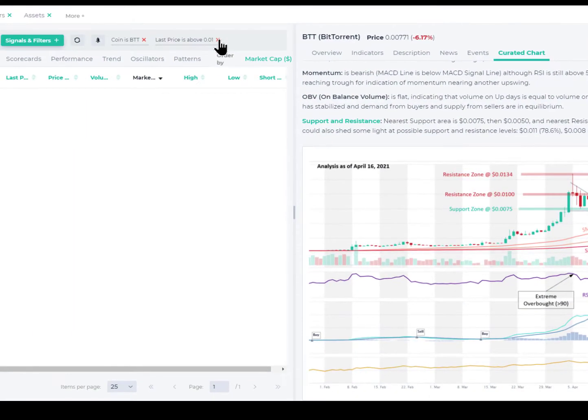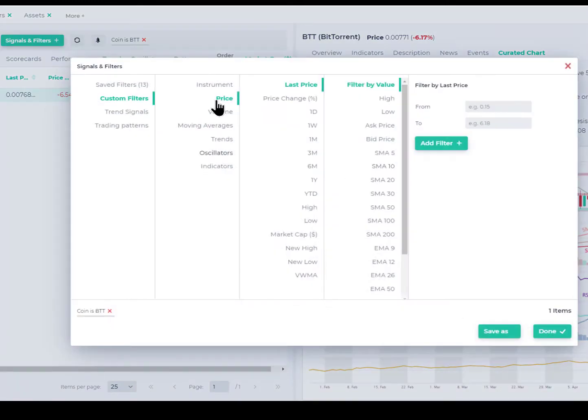All right, that's one. Second, I also want to be alerted when the price dips to that support zone, which is around 0.0075. All right, so I deleted the filter criteria, and I still have the criteria that says that this is a BTT coin. Price, last price, filter by value.